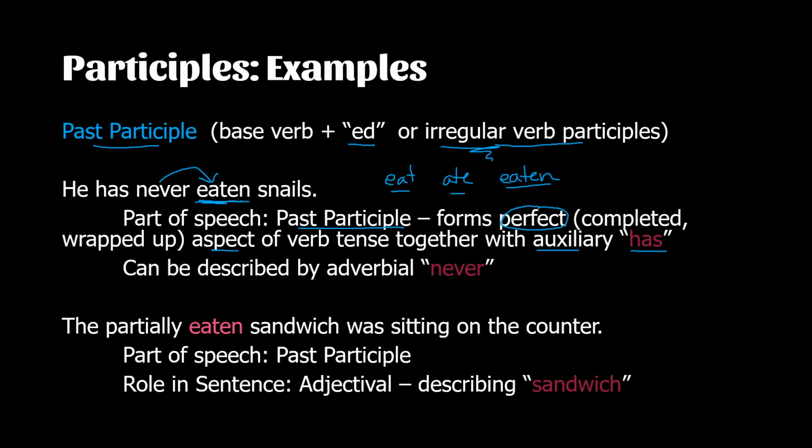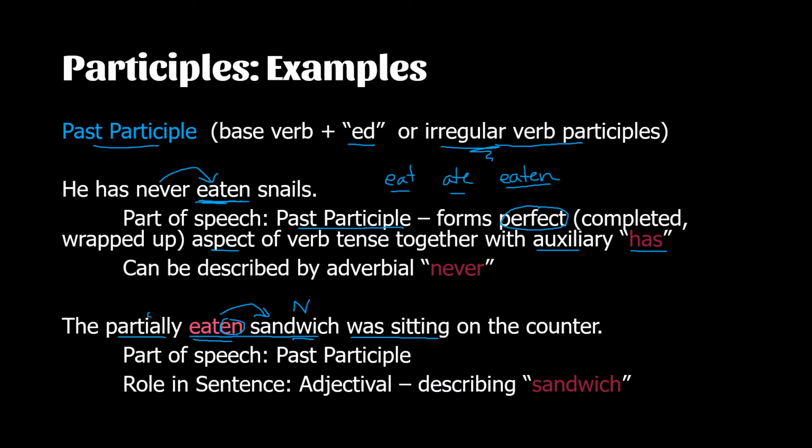In this sentence, the partially eaten sandwich was sitting on the counter. Okay, so here we have the verb sitting. Sandwich is the thing that's doing the sitting, so this is the noun. Eaten is a past participle, but it's describing the condition of that sandwich.